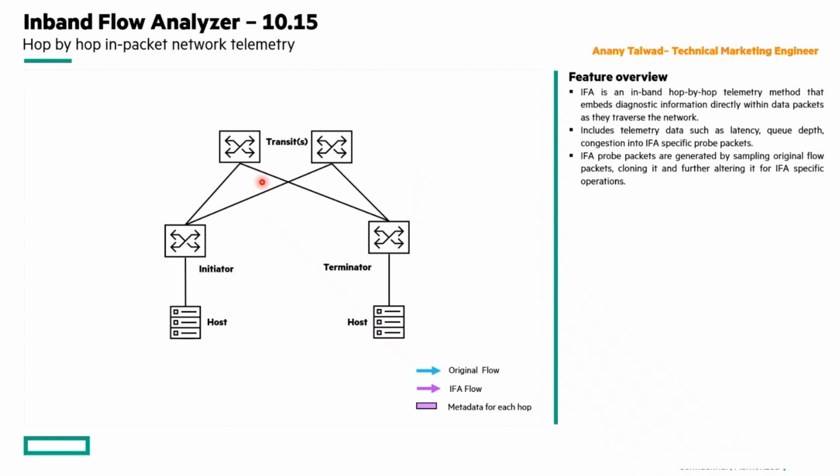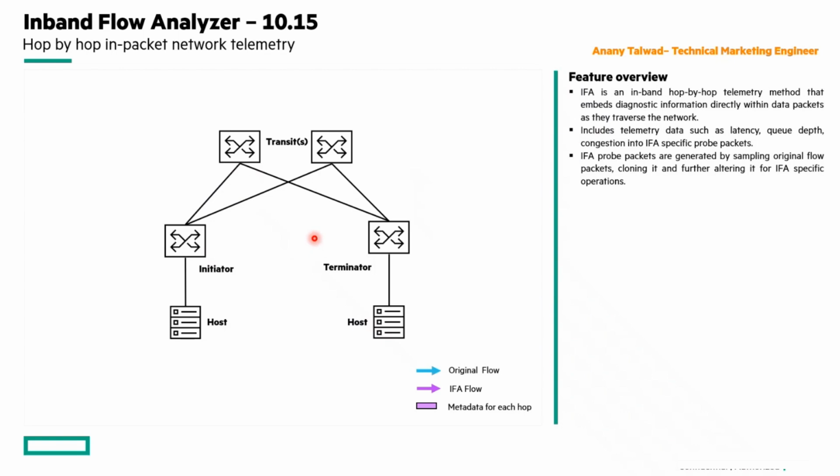Next, we have transit, which identifies the IFA packet coming from the last node and updates its metadata to the same packet. Finally, we have the terminator. This is where the collected IFA metadata is extracted and exposed to the end user. It should be noted that there can exist more than one transit node between initiator and terminator.